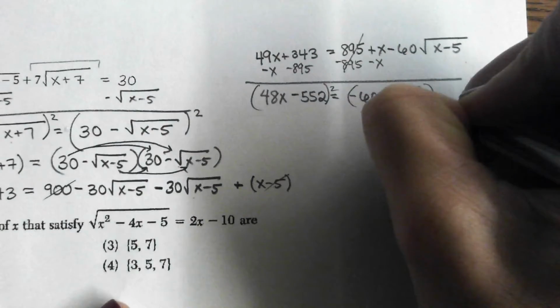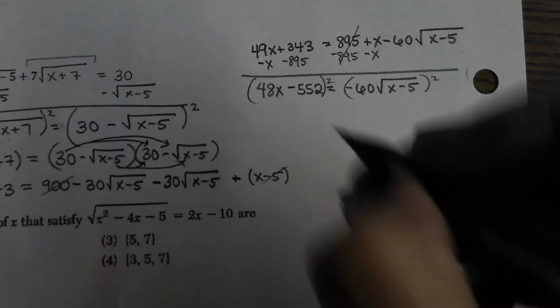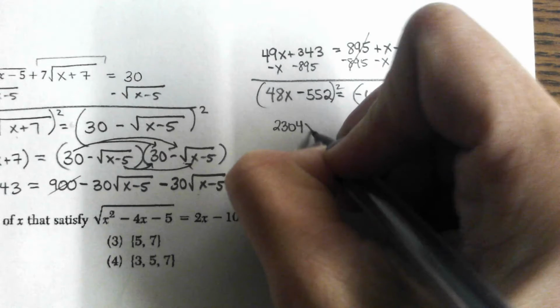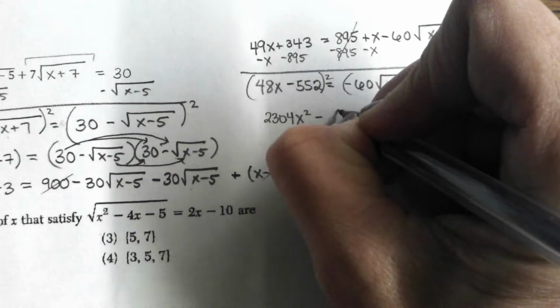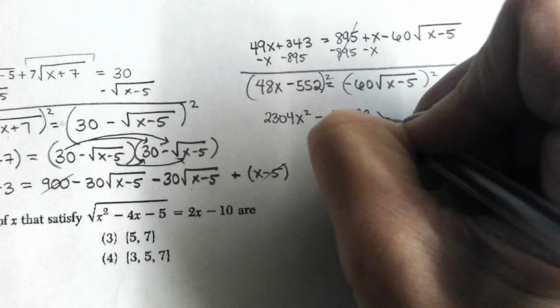So I'm going to square both sides. Oh boy, 48 squared. Holy golly. 2304 x squared. And then I'm foiling in my head. 552 times 48, and I'm going to have 2 of those. Just follow me with these huge numbers. Sorry.